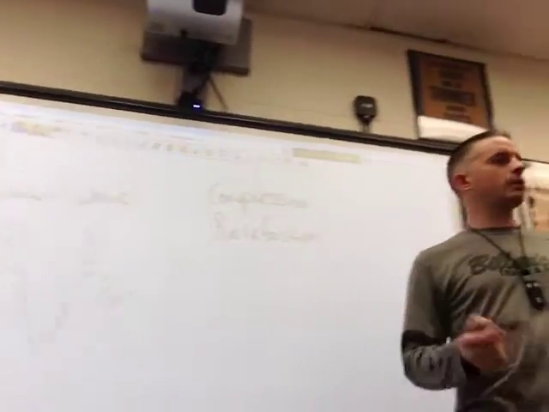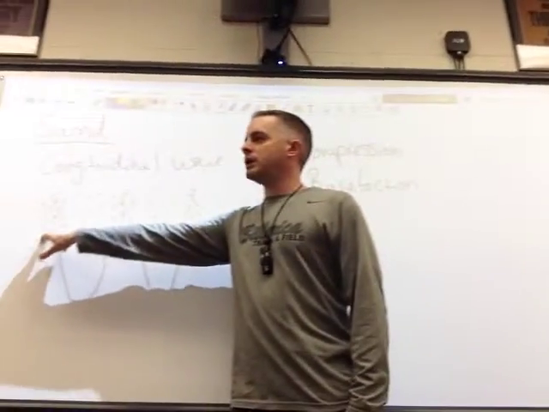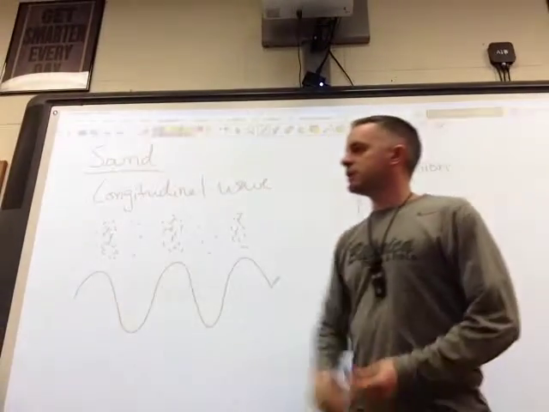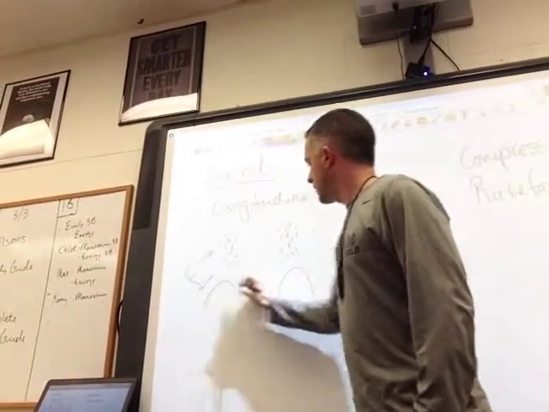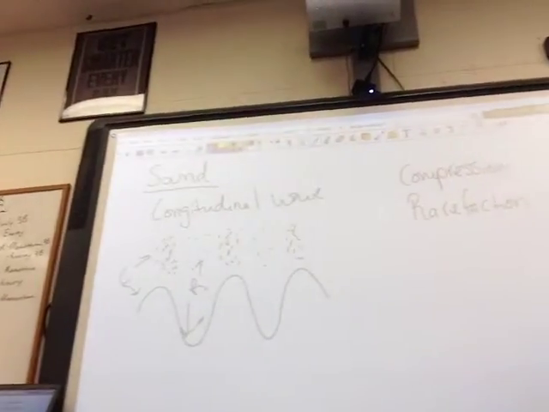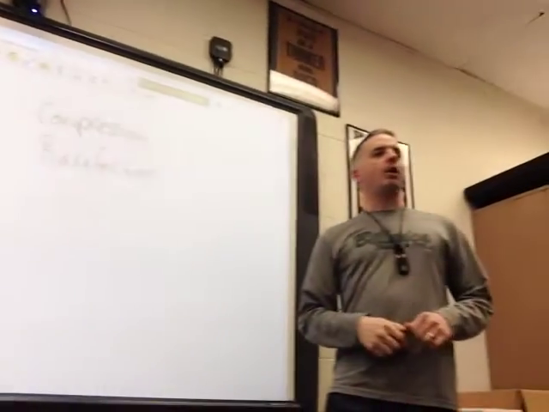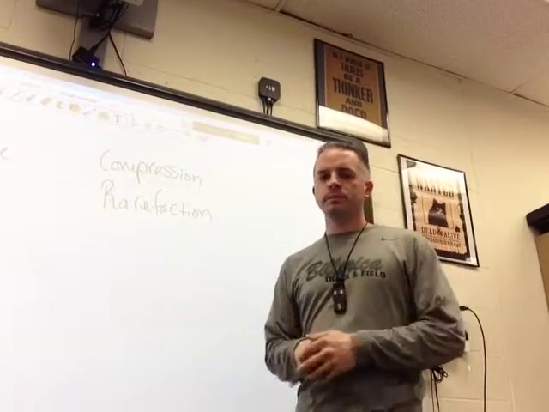Okay, and that's what your sound wave would look like, where the peaks are the compressions and the rarefactions are the valleys. So this would be your compression, and this would be your rarefaction parts. Okay? So essentially what you're looking at are regions of high pressure and low pressure. Makes sense, right?